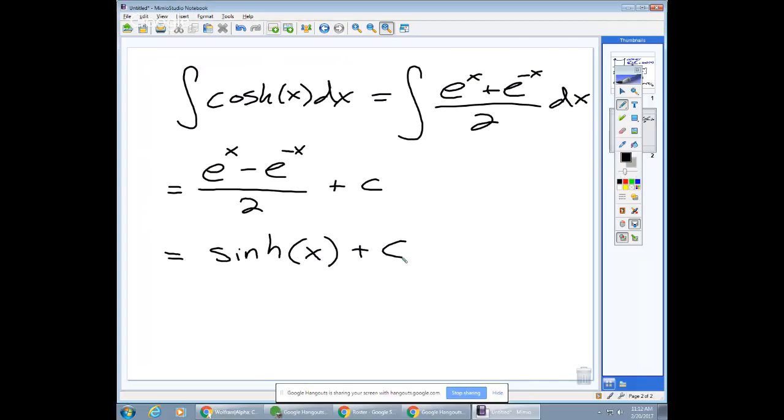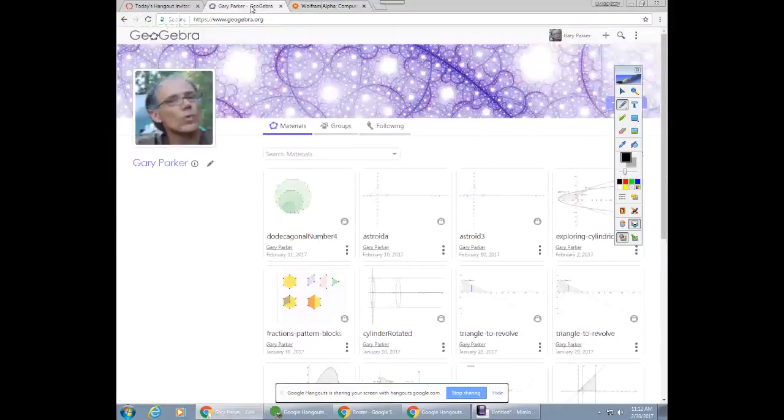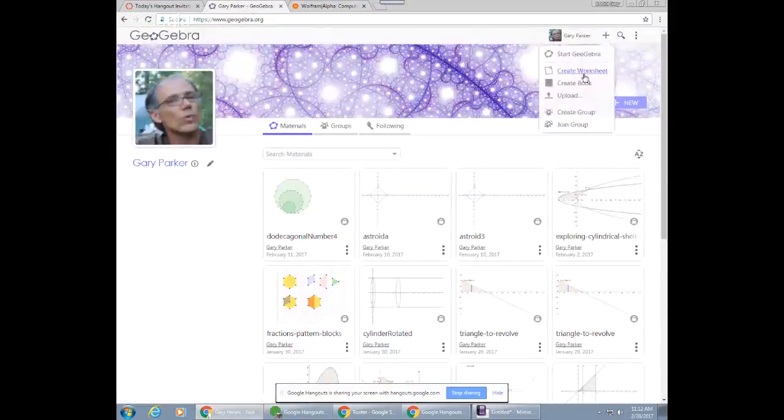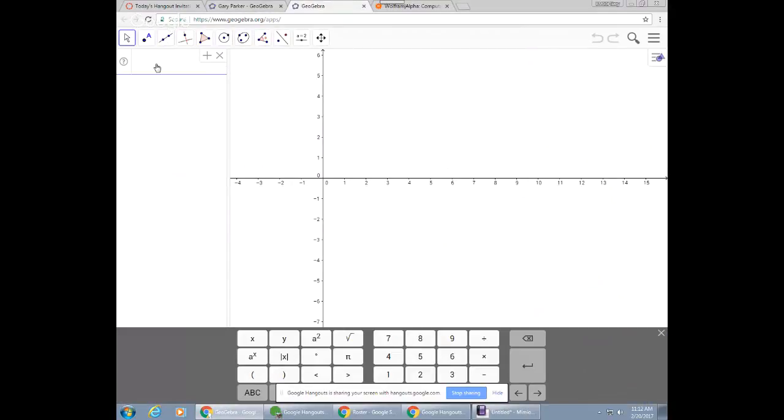Let's take a look at the hyperbolic tangent next. Oh, actually, I was going to bring up a quick graph of the hyperbolic cosine. Let's ask GeoGebra. New GeoGebra picture. And then most programs recognize COSH. Calculators, I'm not sure if TI has a hyperbolic cosine. I don't think so.